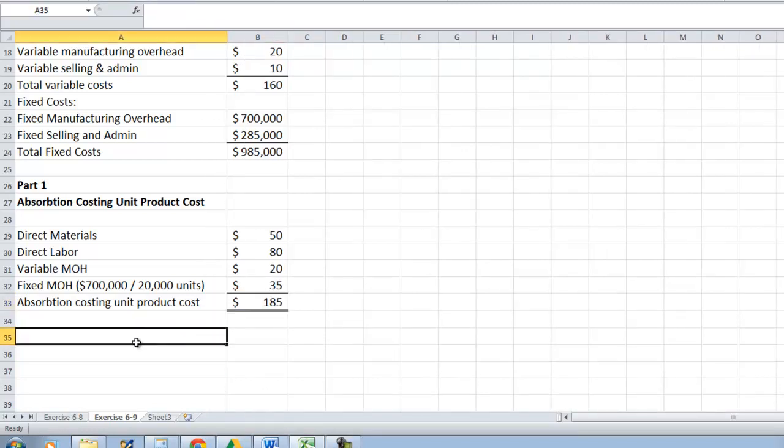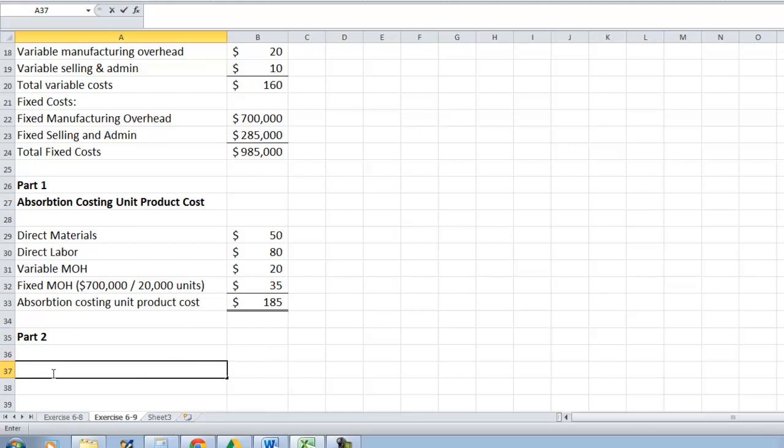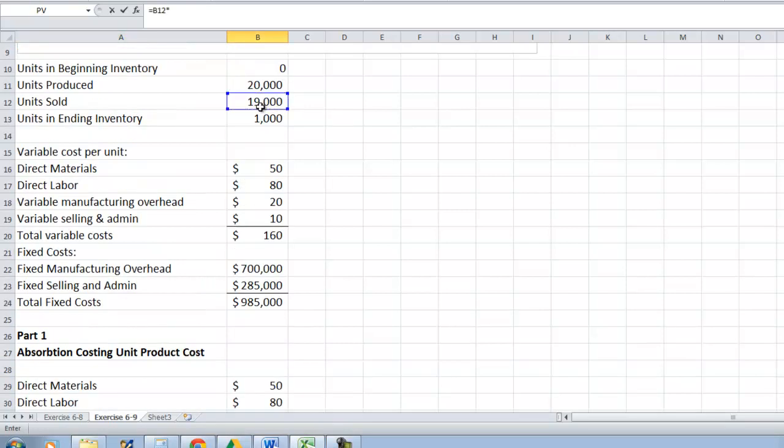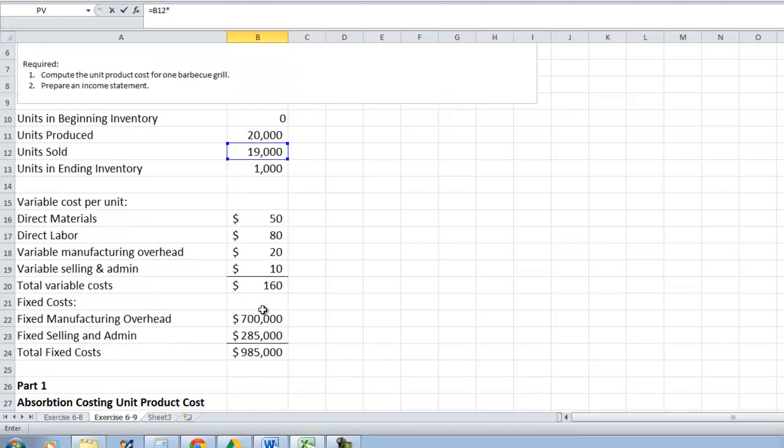Now, part 2, create an income statement. So we have sales. We sold 19,000 units, although we produced 20,000, so we have 1,000 remaining in inventory.